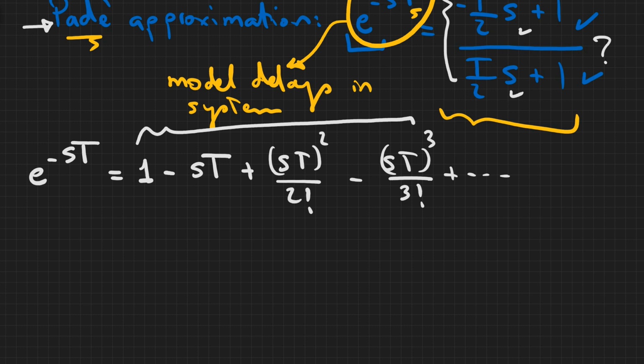From a control perspective, it's just adding one zero and one pole to the system. But on the other hand, it can be used to approximate a system which is higher than first order. If we use just 1 minus st, which is the first order approximation of e to the minus st, it's not going to be as accurate as this one, as we will see.